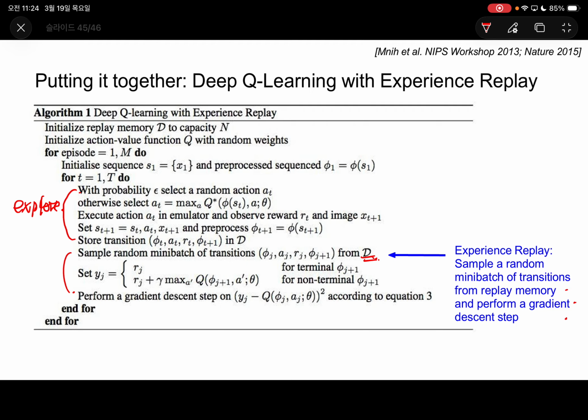This is about algorithm 2 and algorithm 3. The philosophy of experience replay is to sample a random mini-batch of transitions from replay memory and perform a gradient descent step. Random is the important thing. Instead of always using similar-looking state transitions, we store transitions while playing the game and then randomly sample from memory D. In this way, we can make the training set more diverse, right?